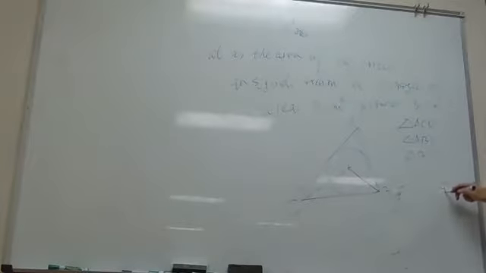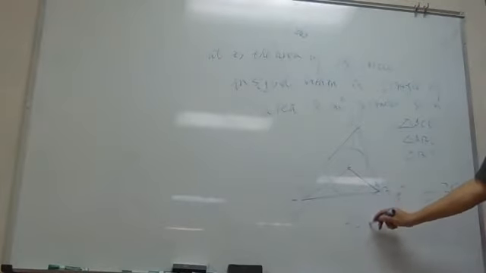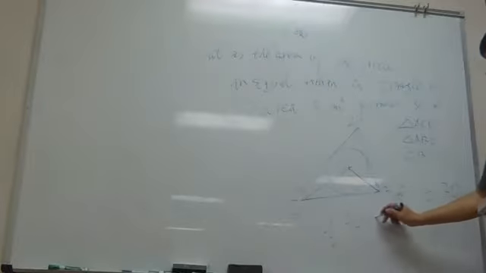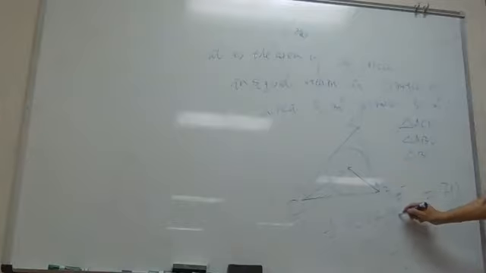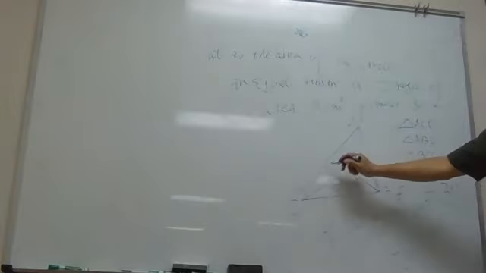And for ABC, we already know the area is 30, so we have the right-hand side. But how do you set up the left-hand side? AC times the radius divided by 2, plus AB times the radius divided by 2, plus BC times the radius divided by 2, because all these are perpendicular.